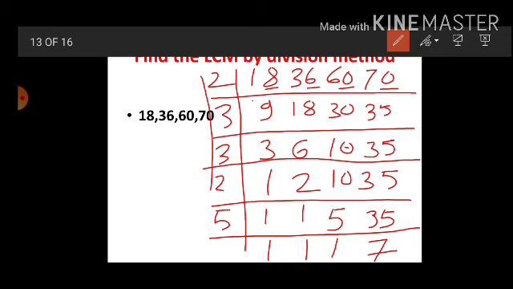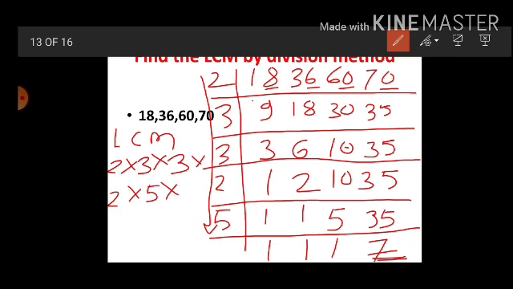So you multiply these prime factors. What is the LCM? LCM equals 2 into 3 into 3 into 2 into 5 into 7.